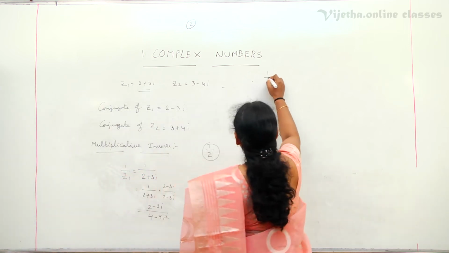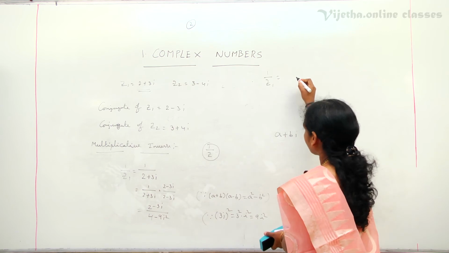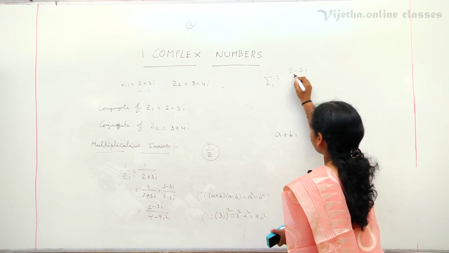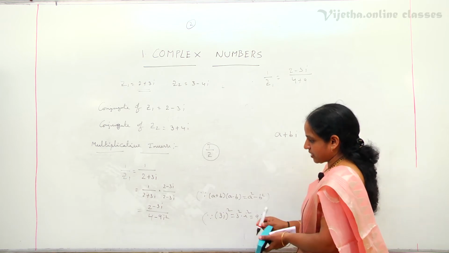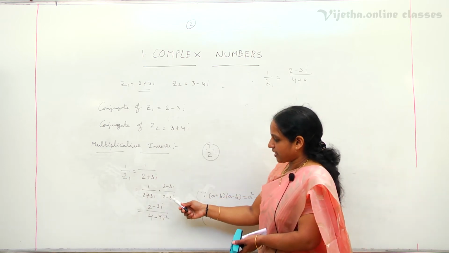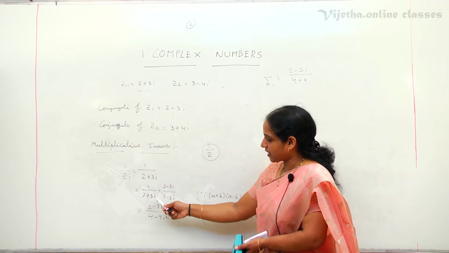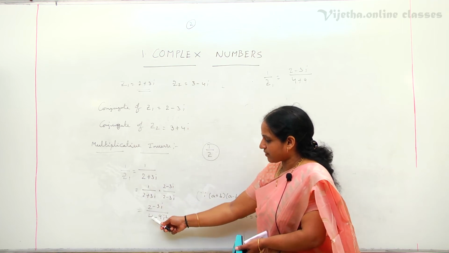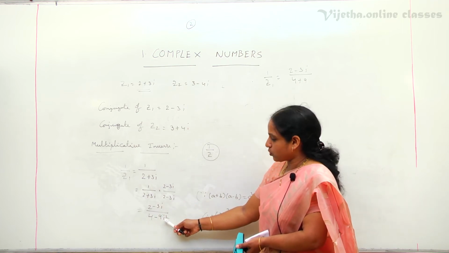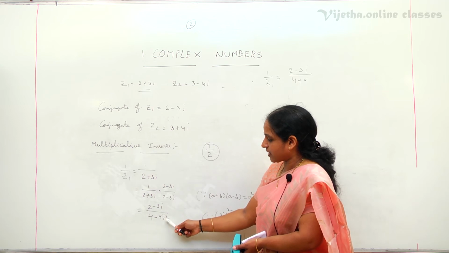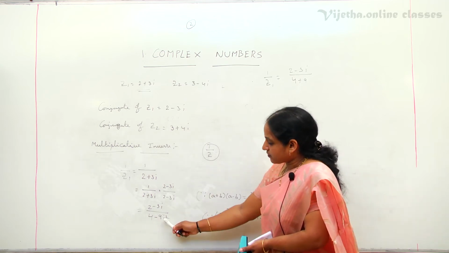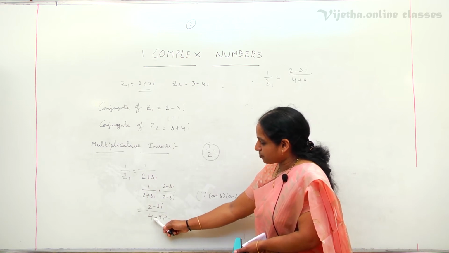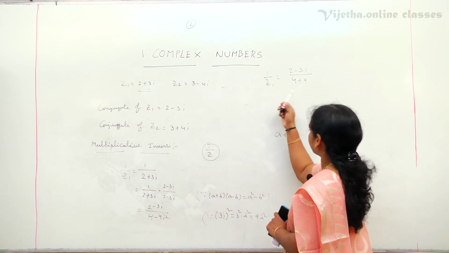So 1 by z1 equals 2 minus 3i by 4 plus 9. Actually, here we apply a plus b into a minus b equals a square minus b square. So 2 square minus 3i whole square, that is 4 minus 9 into i square. Here i square equals minus 1, so minus of minus is plus. So 4 plus 9 is 13.